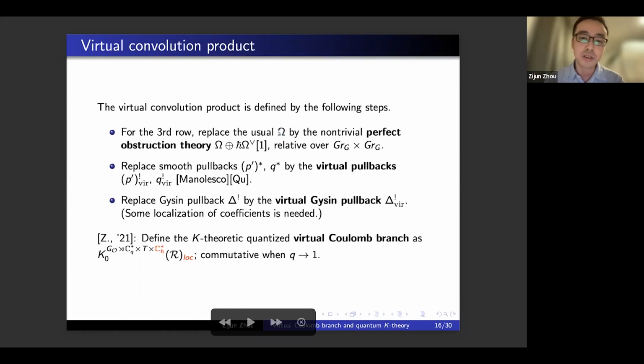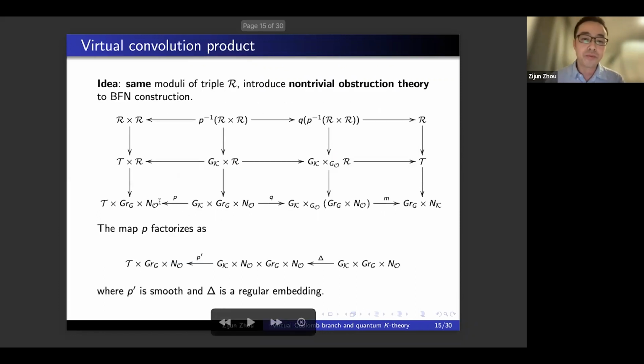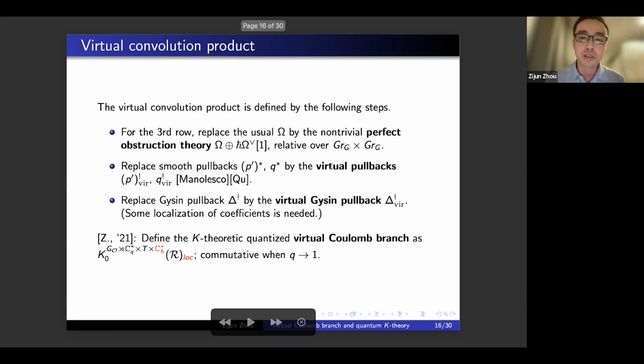We replace this cotangent complex by a symmetric obstruction theory like this. We add an obstruction part, and we associate to this obstruction part a non-trivial equivariant parameter. Then in this third row, we replace all the smooth pullbacks by virtual pullbacks, and the virtual pullbacks come from these obstruction theories.